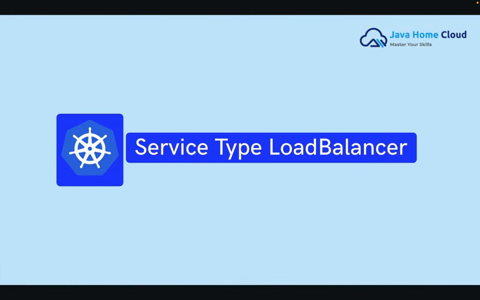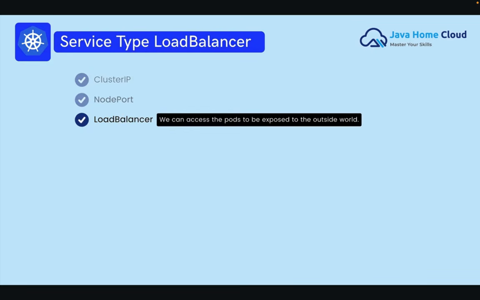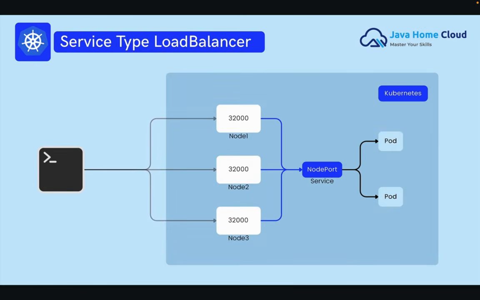Service type load balancer. This type of service also allows the applications running in the Kubernetes cluster to be accessed from the outside world. The major difference between load balancer type and node port is that in node port, clients access the service directly on the port which is open on every node inside the cluster.